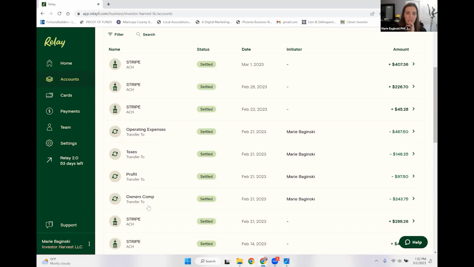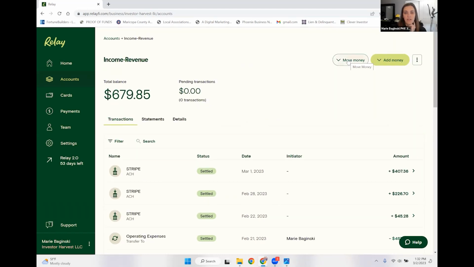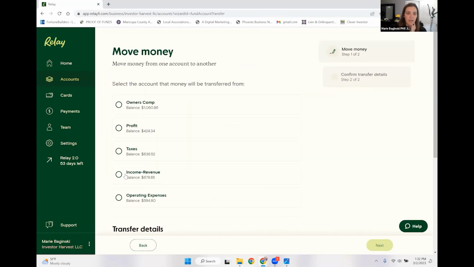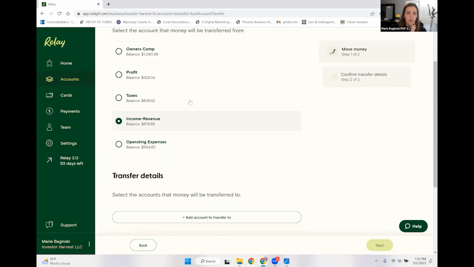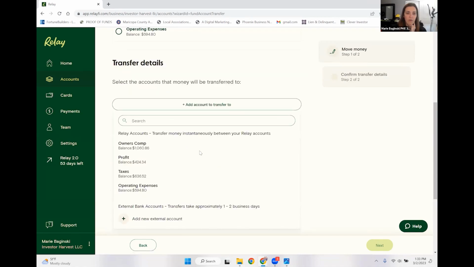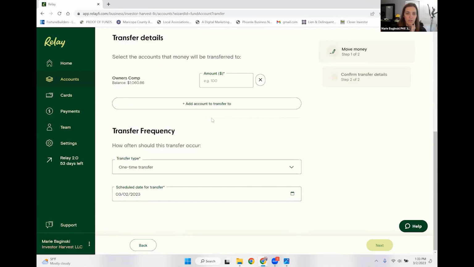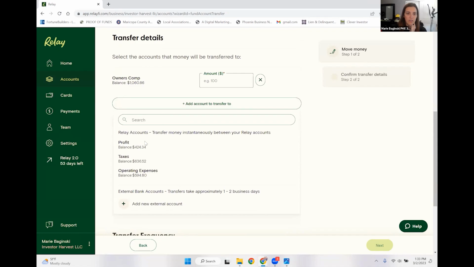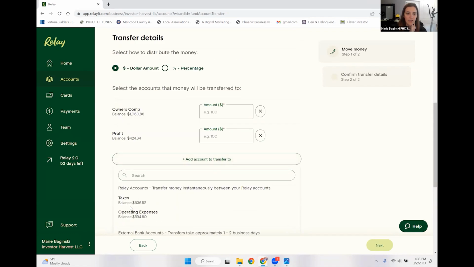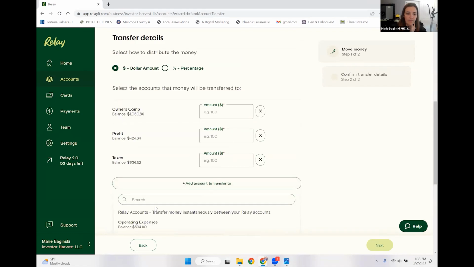You'll see, I manually set this up and moved money to our taxes, our profit, our owner's comp, our operating expenses. And it's as simple as saying, I want to take money from our income account and move it to, and you just select every single account that you want to move money to.